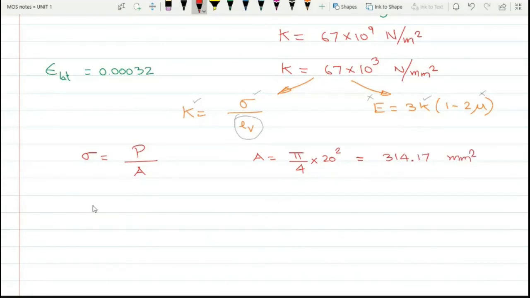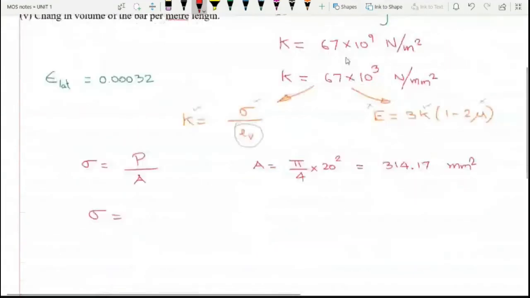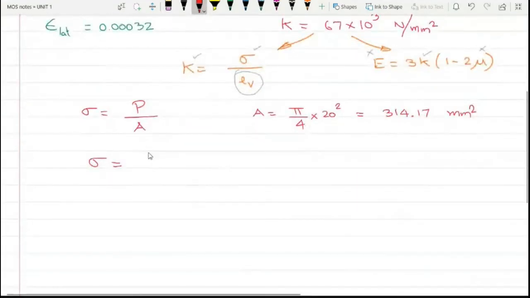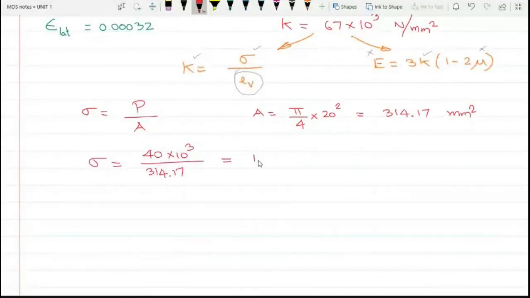Now I'll identify my stress value. Stress is 40 into 10 power 3 divided by 314.17, which is 127.4 Newton per mm square. So now I identified my stress value.